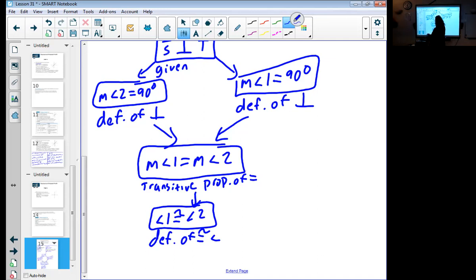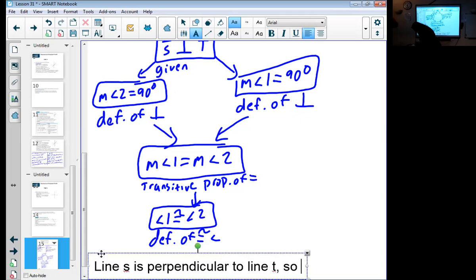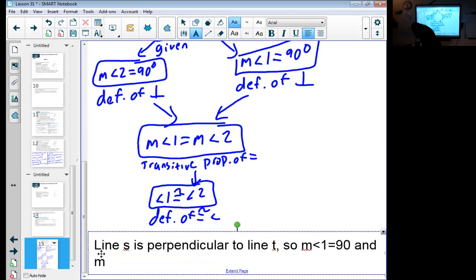We now have that. Let's use the text. Line S is perpendicular to line T. So the measure of angle 1 is equal to 90 degrees, and the measure of angle 2 is equal to 90 degrees by the definition of perpendicular lines.